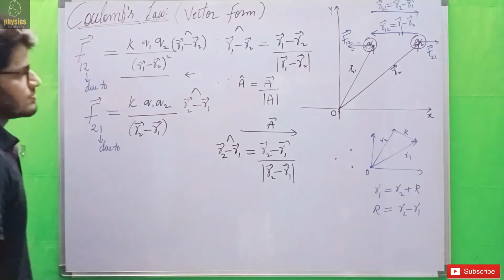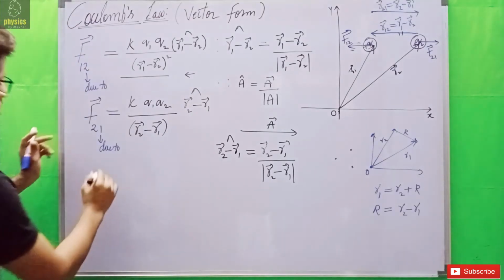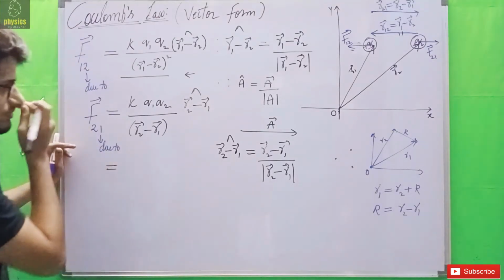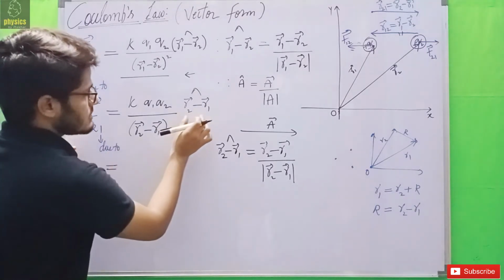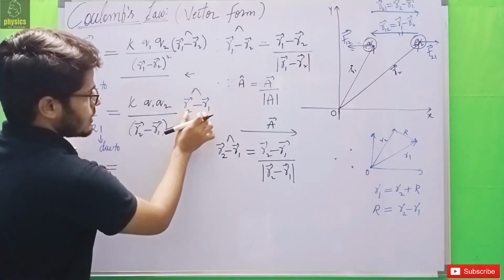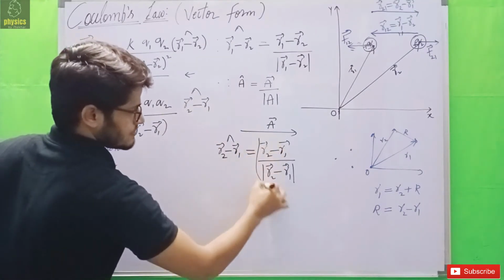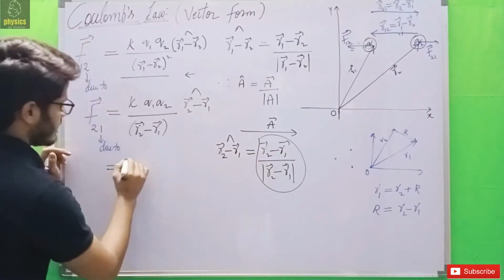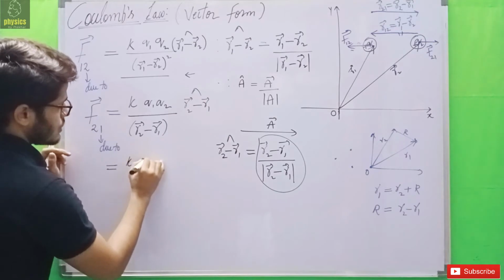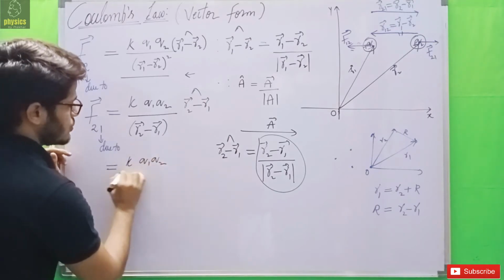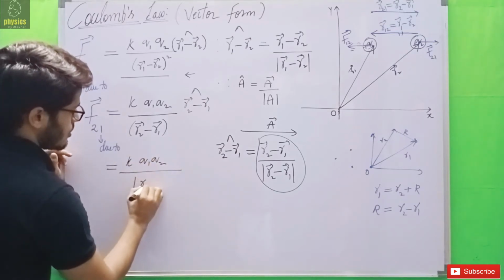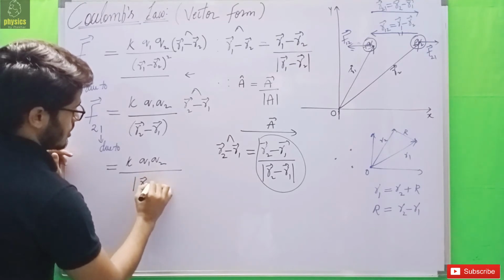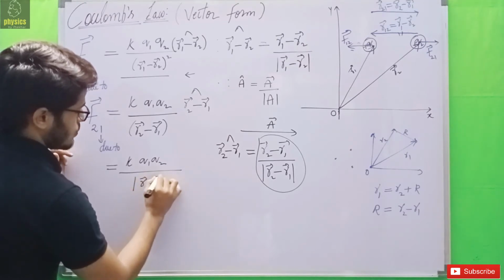Now there's one more thing that we can do. We can replace this unit vector with this. If I replace this unit vector with this, what will I get? I'll get K Q1 Q2 divided by mod R2 minus R1.